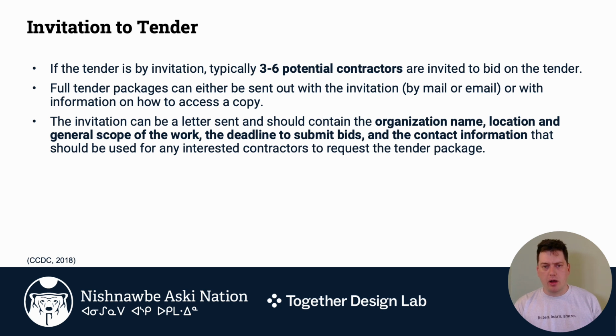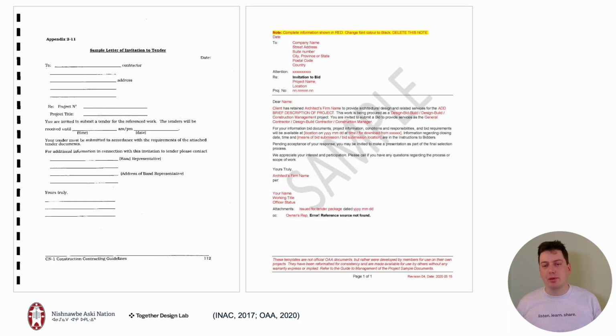And on this slide, I just have a couple of fairly basic examples. Again, there's nothing that complicated about these invitations. These are form letters, and you'll be able to access these if you're going through the course virtually through the NAN Housing Strategy website.